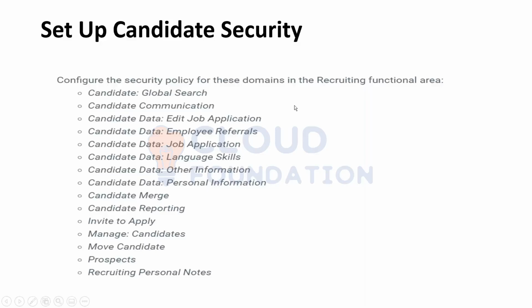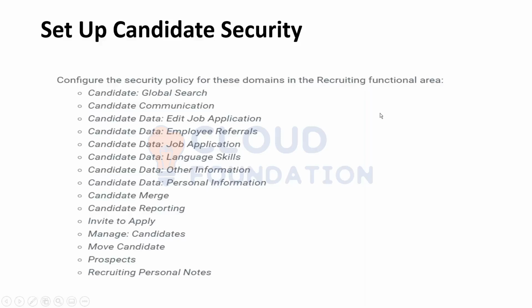Okay, let's discuss on the PPT. Our first topic for today was setting up candidate security. How will we be doing that? We will first go to the functional area and see the functional areas present.